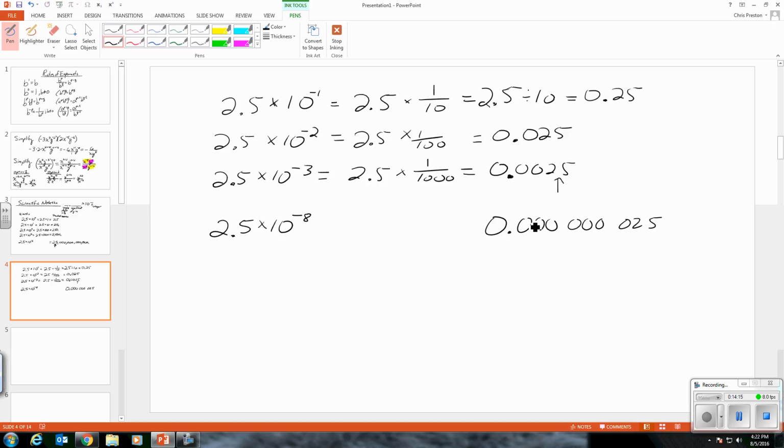The easy way to remember if it's positive or negative is that negative means you're in effect dividing by that number. You're multiplying by 1 over that number. So it's going to be a very small number if you're multiplying by a lot of tens. I mean small value, not length. Obviously, the length of this is pretty long, but the value of it is very tiny. So a negative exponent makes it a very small number.